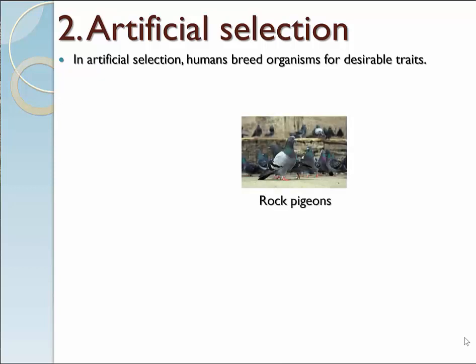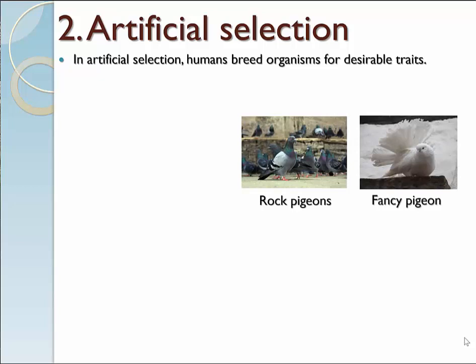And during Darwin's day, pigeon breeding was a very popular hobby. And so Darwin studied a lot about pigeon breeding, and the parental species for all of the pigeon breeding were the rock pigeons. These are just the common pigeons we see on the city streets and so forth.